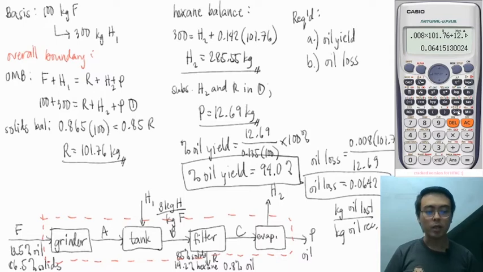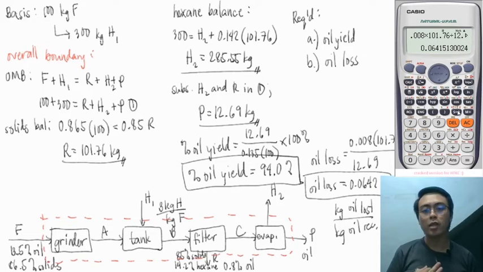Okay, so this is an example of a multiple unit problem that only needs one boundary, the overall boundary. But let's say, for example, that I want to know the composition of stream B. Stream B contains all three components, the oil, the solids, and the hexane, because it just came out from a mixing tank.